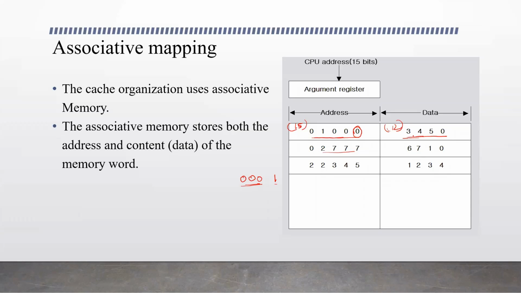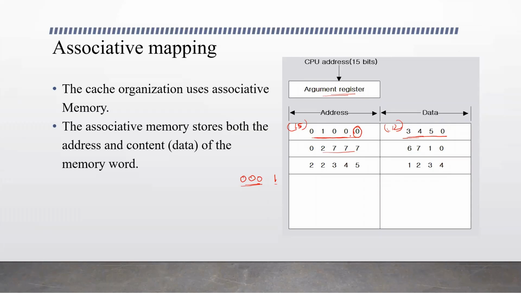So in the cache associative memory, we have the address part and the data part. It contains both the address and the corresponding data. When the CPU wants to refer to a particular data in this cache associative memory, it places that address in the argument register. That address is compared with the addresses stored in the cache associative memory.